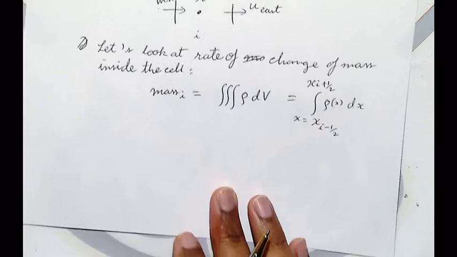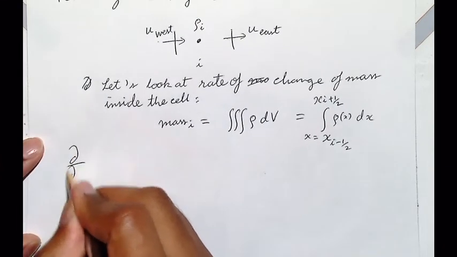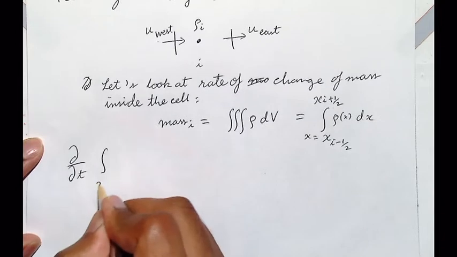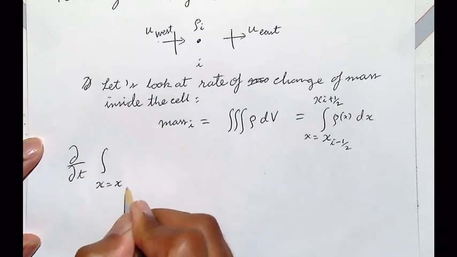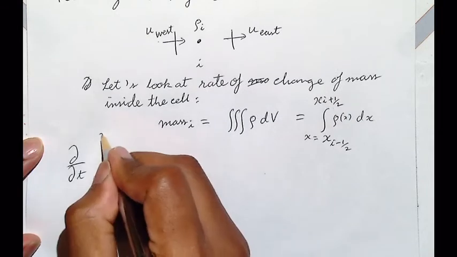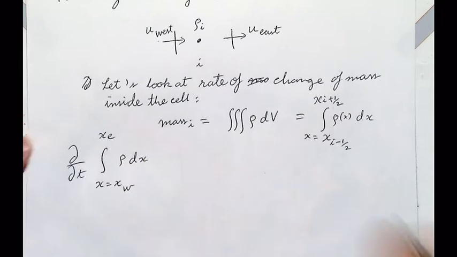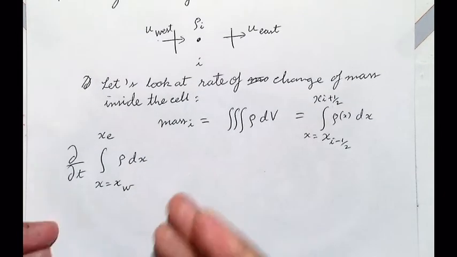Okay, fine. So the rate of change of mass is the time rate of change of the integral from x west to x east of rho dx. Make sense? So this is the rate of change of mass.